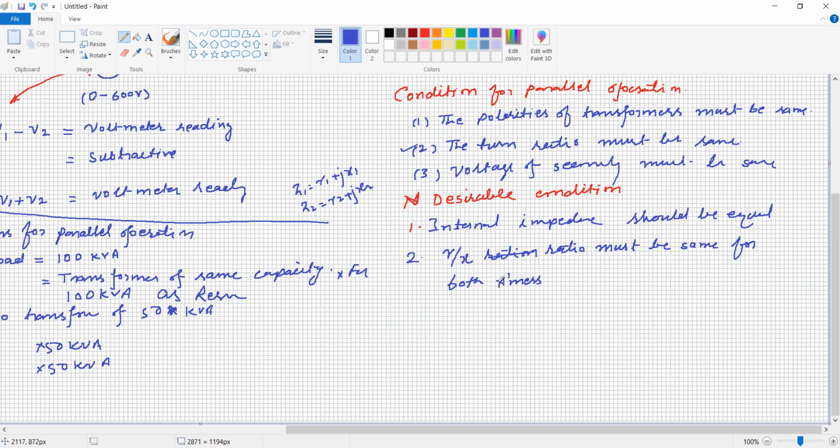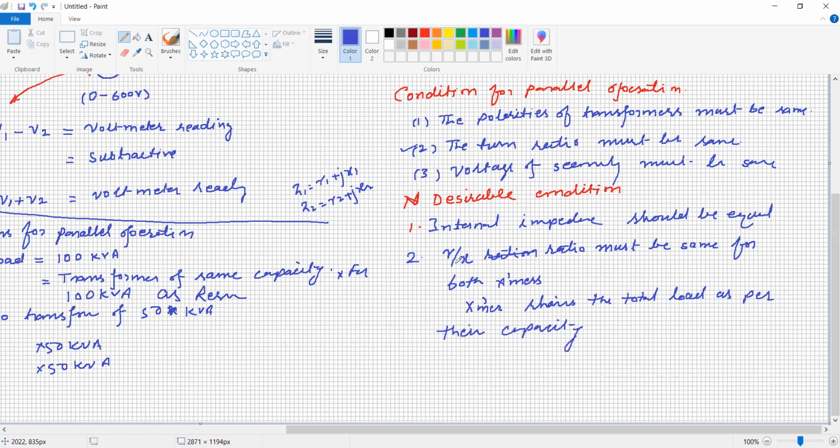If this R by X ratio, that is, resistance to reactance ratio, is the same for transformer 1 and transformer 2, under such a condition the transformers will share the total load as per their capacity.